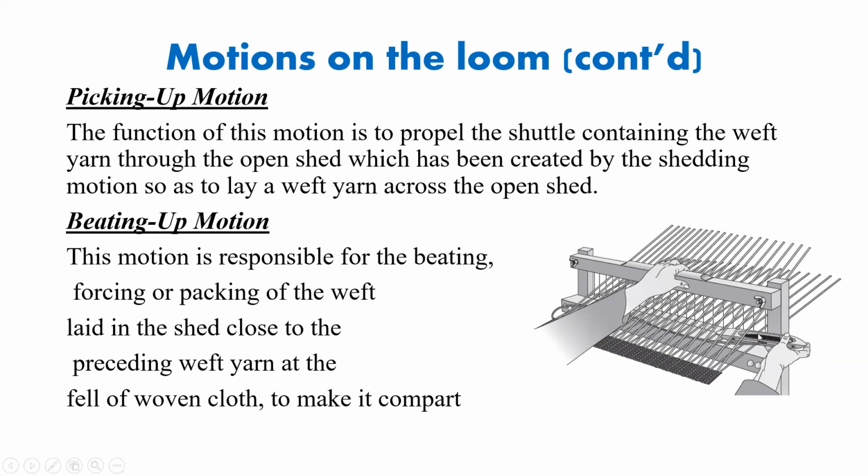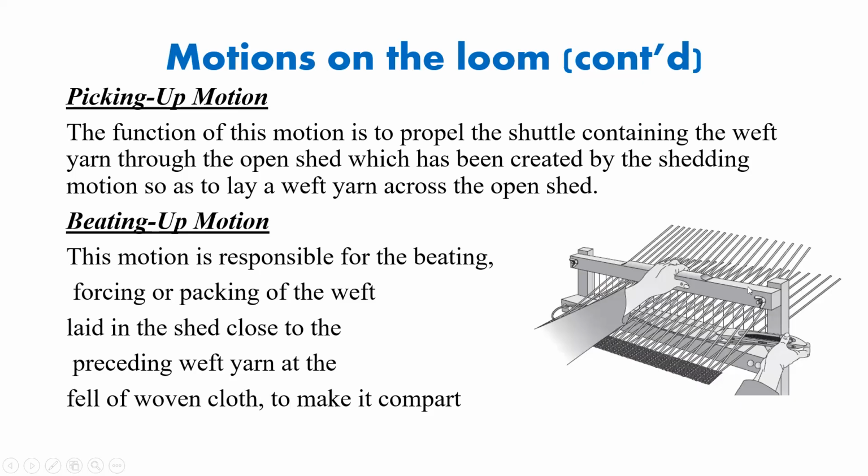After you have laid the weft yarn, there's another motion called the beating up motion. So what is the beating up motion? This motion is responsible for the beating, forcing or packing of the weft laid in the shed close to the preceding weft yarn at the fell of the cloth to make it compact. As soon as you lay the weft yarn, then this is the reed.